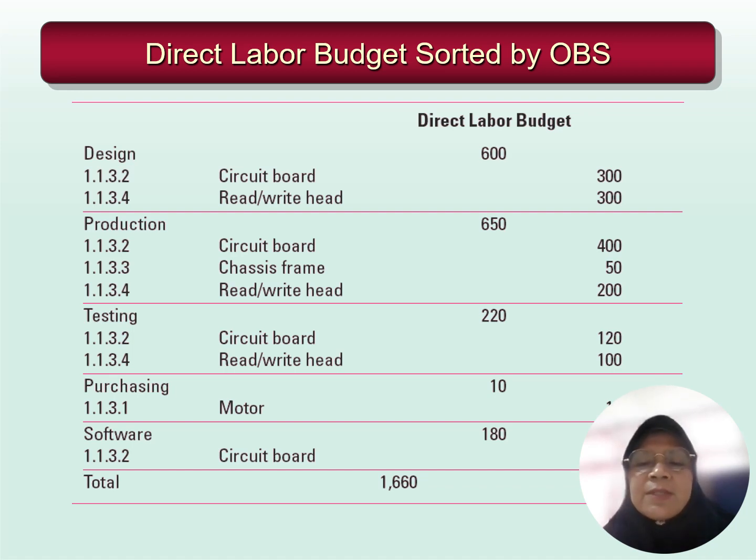The only difference between OBS and WBS is that the WBS is the general hierarchical organization of the project, but for the OBS, you have to clearly define the organization of the project itself.